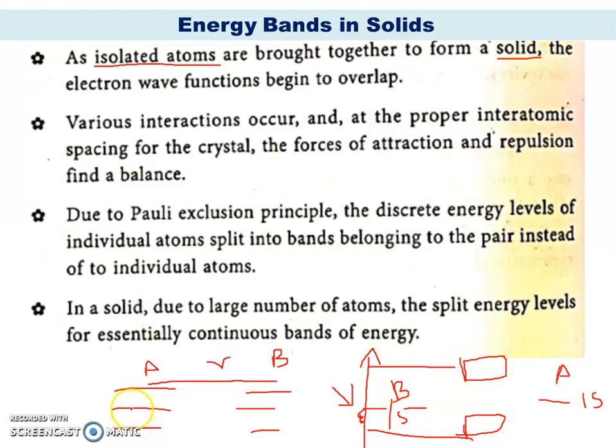Like what happens here, when all these levels of A and all these levels of B are brought close together, we end up with two sub-levels.